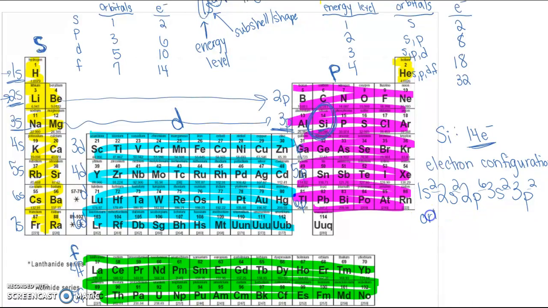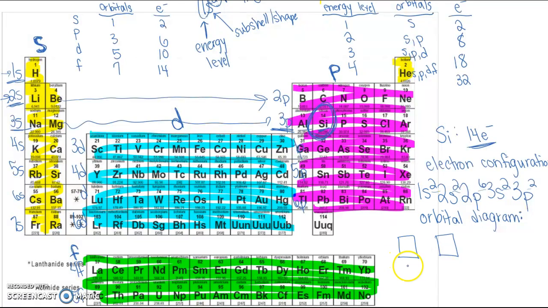For the orbital diagram, that's when we represent the electrons in the boxes in the orbitals that they are in. So we saw this in the gizmo.